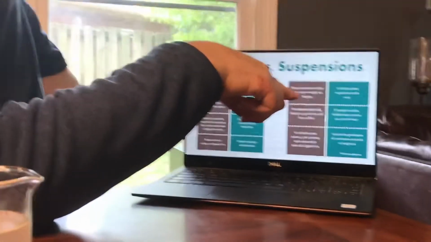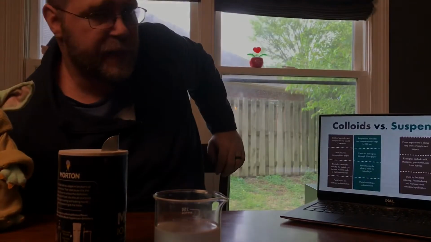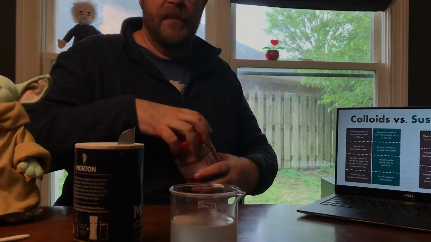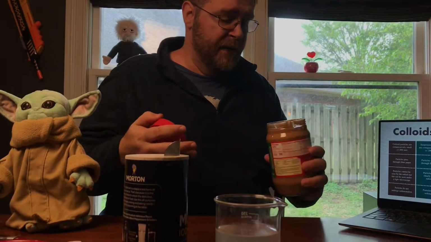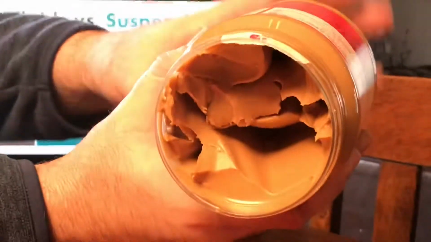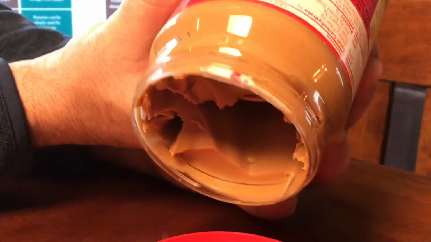Now, colloids sometimes will separate just a little bit. Let's take my peanut butter, for example. This is going to be a hard shot for you to see, so maybe you can get a jar of peanut butter at your home and look at this. A lot of times the oil will separate out, but it takes a very long time for the oil to separate.